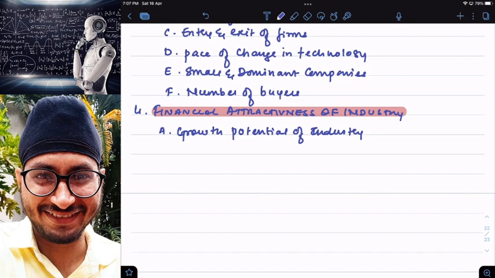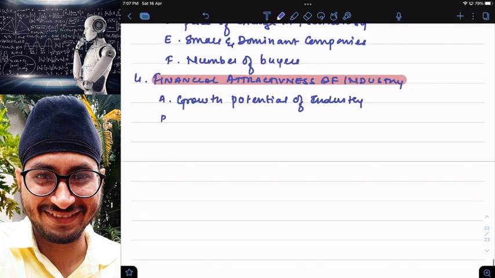If I feel the industry's growth in future is going to be very little, then financial attractiveness will be less. Then we have intensity of competition. Sir, if more competitors are there, profits are less in the industry, financially unattractive. If very few competitors are there, sales are increasing, profits are increasing, financially attractive.